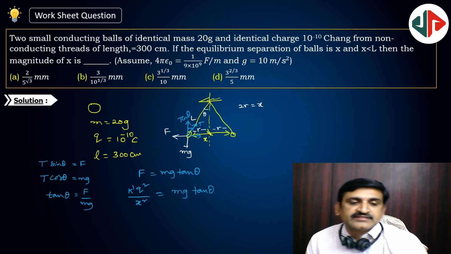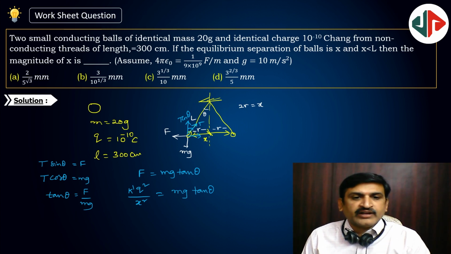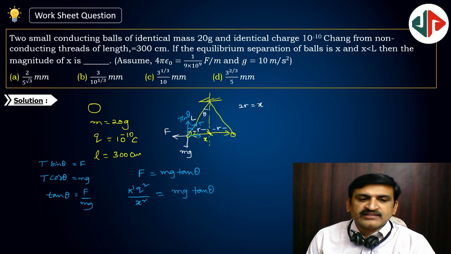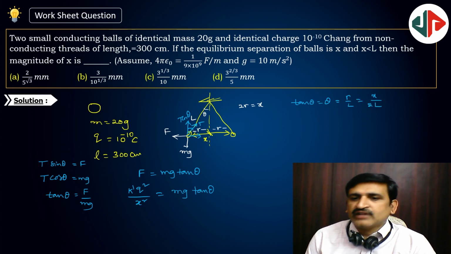I want x, so that you can simplify. Further, as I told, when theta is small, tan theta is equal to theta, which is nothing but r by L, which is nothing but x by 2L. So r is equal to x by 2.